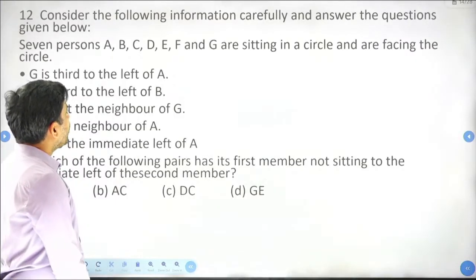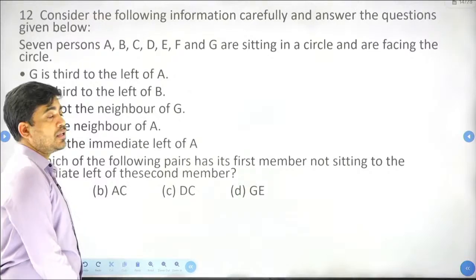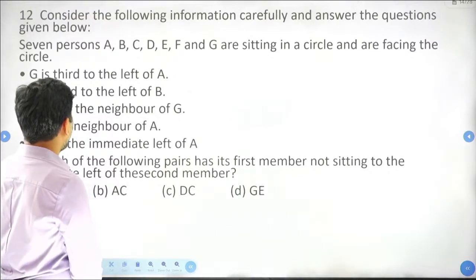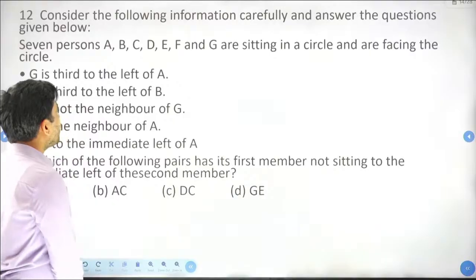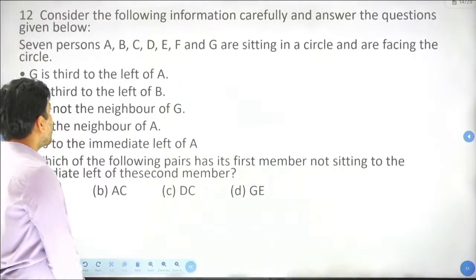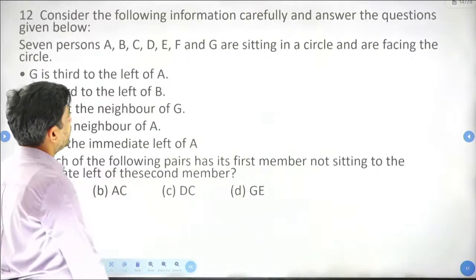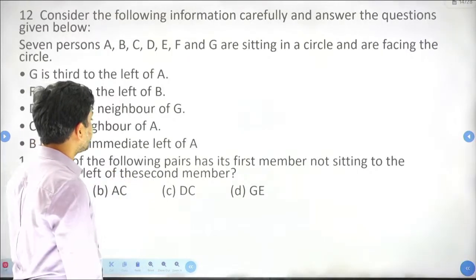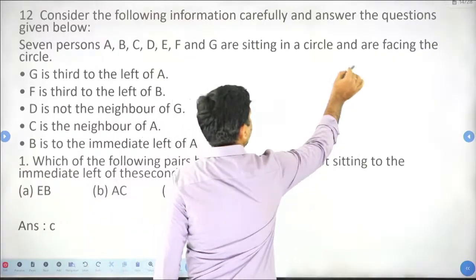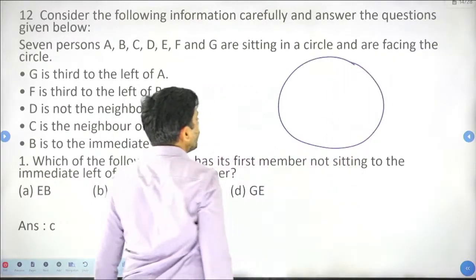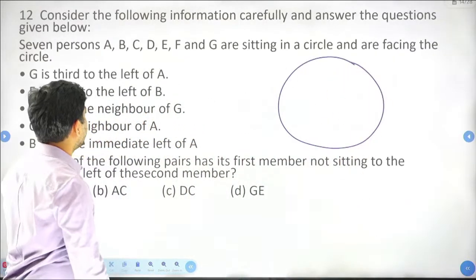Consider the following information carefully. Answer the questions given below. There are 7 persons sitting in a circle and are facing towards the center of the circle. Chalo, we have to find their places.